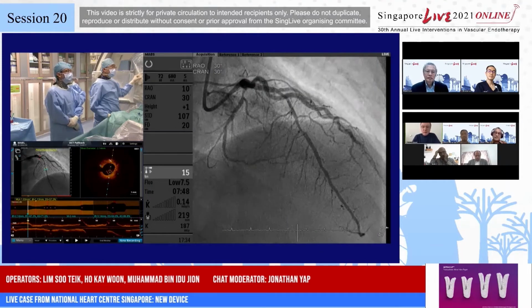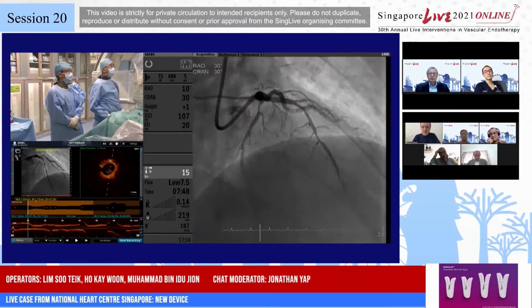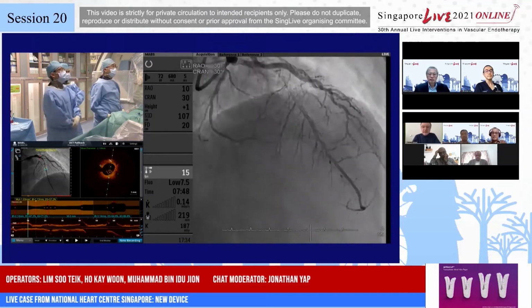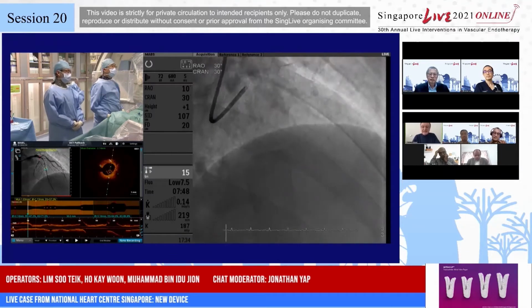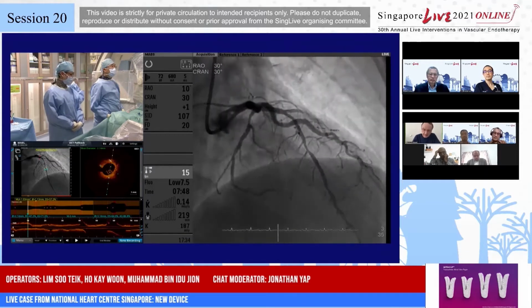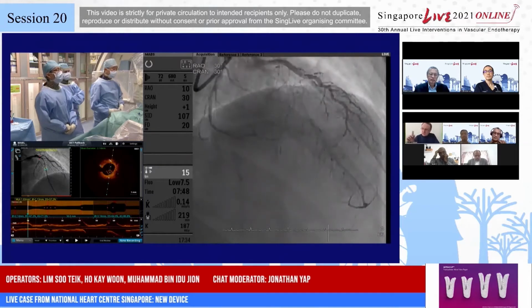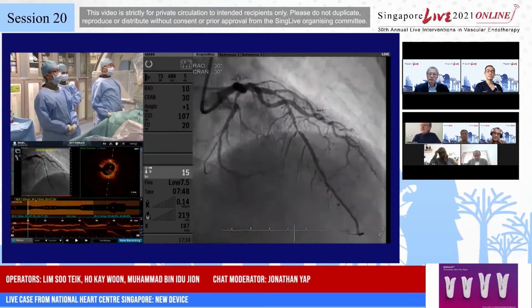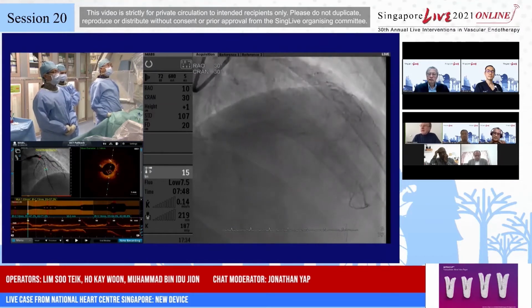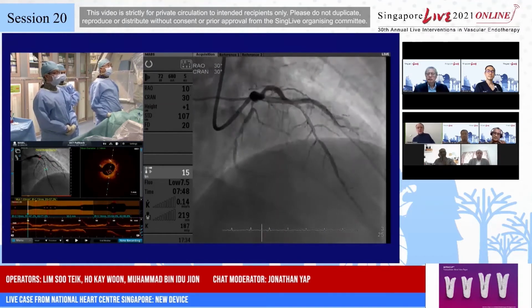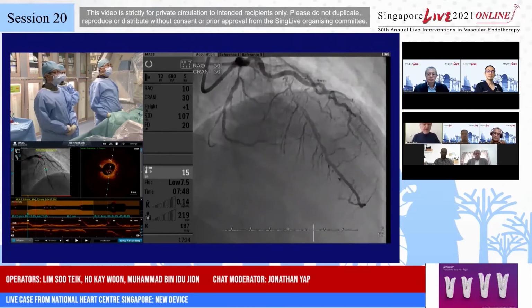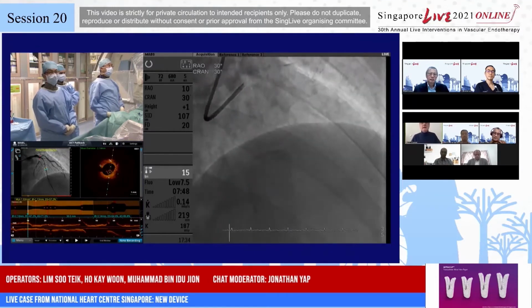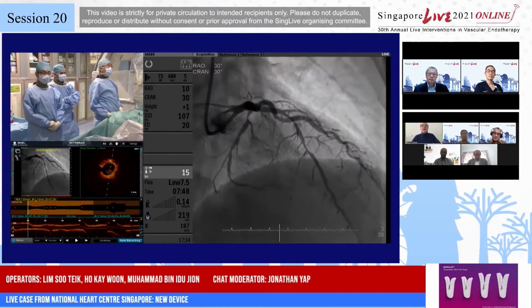And then if you have some lesion more distally, you treat only if there is a dissection, which is a bad dissection, not a generic dissection, or if the disease is critical. Otherwise, if you pretend to treat all the disease, you end up implanting too many long stents.